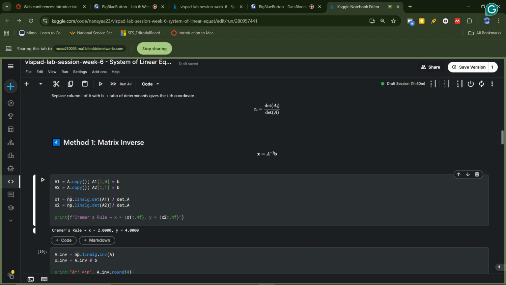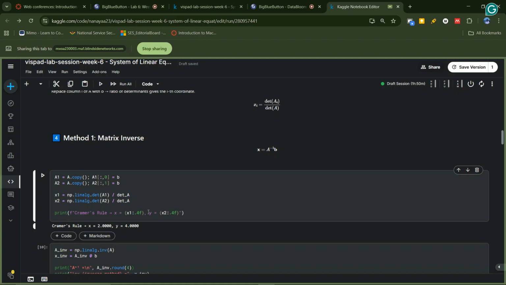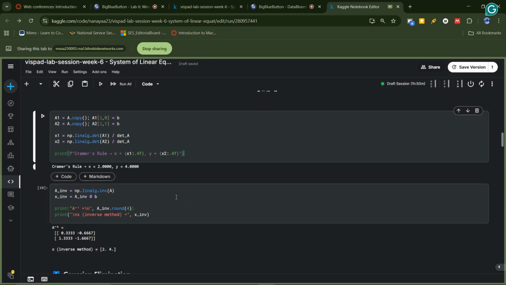So over here, the A1 I was saying, the A superscript X I was saying initially, is just A1. It's just the same concept. X2 is the same thing. So over here we print the results as X equal to X1, Y equal to X2. Just to explain what I was saying. I hope you understood me up to this point.